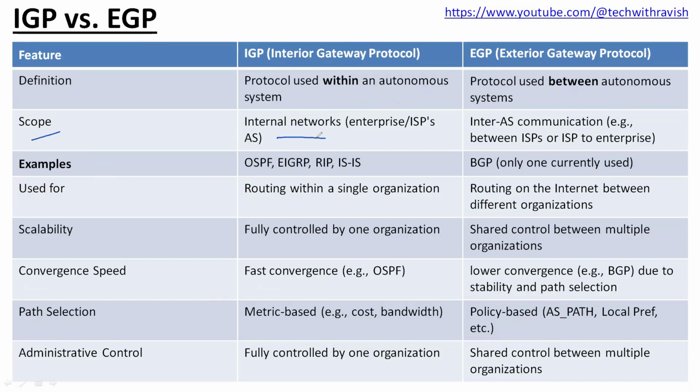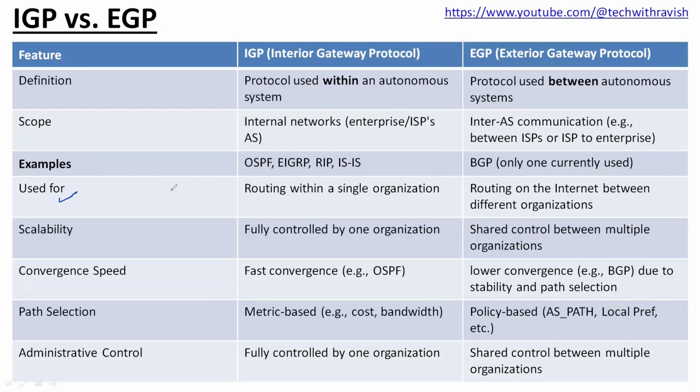IGP is used in the internal network, basically for enterprises and ISPs' internal networks. But EGP is used between different ISPs, organizations, or enterprises, because sometimes an enterprise can also take a specific autonomous system number. The interior gateway protocols are OSPF, EIGRP, RIP, and IS-IS. But BGP is the only exterior gateway protocol, used for global routing.